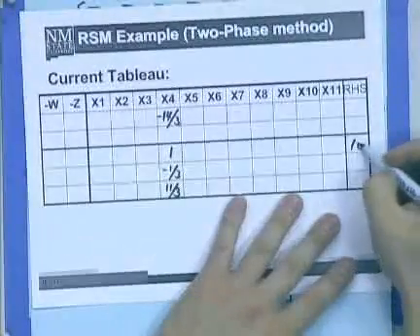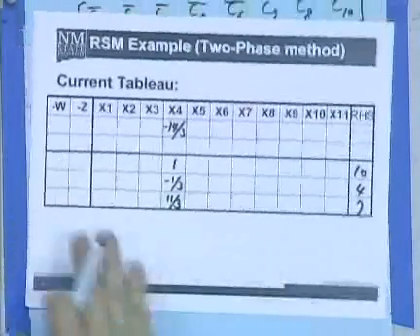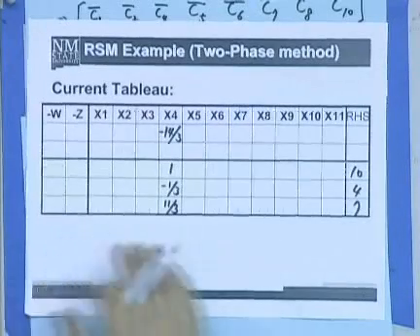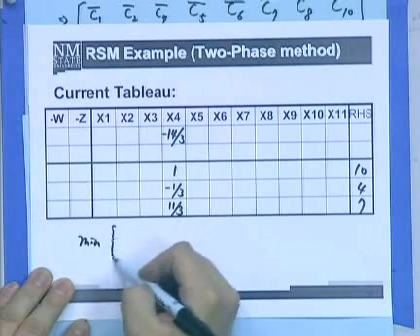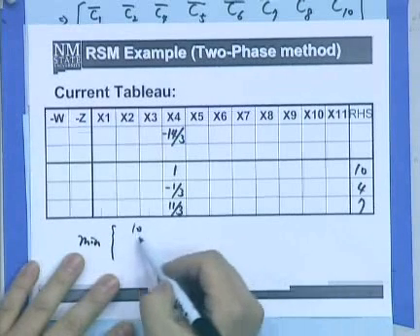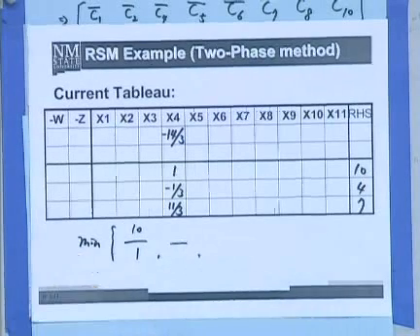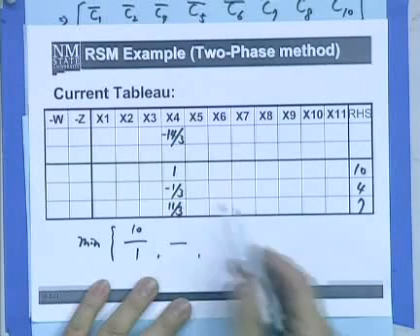So we have 10, 4, 7 right here. Now we are able to do the minimum ratio test, which is 10 over 1, and the second one is not considered because we have a negative value here.